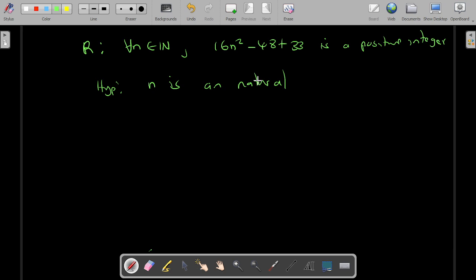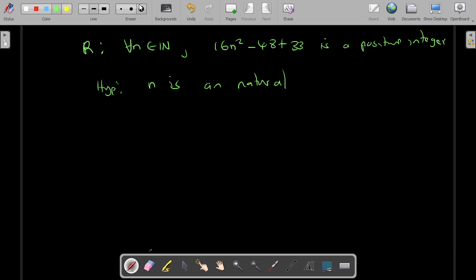Even for natural numbers, if you add any two natural numbers, we are going to have an integer. But if you subtract, you might get out of the set of natural numbers. So let's just take natural numbers and consider the addition.